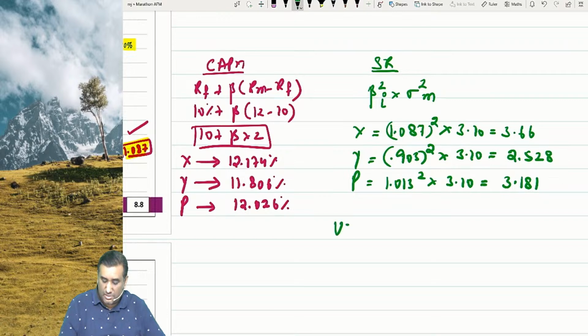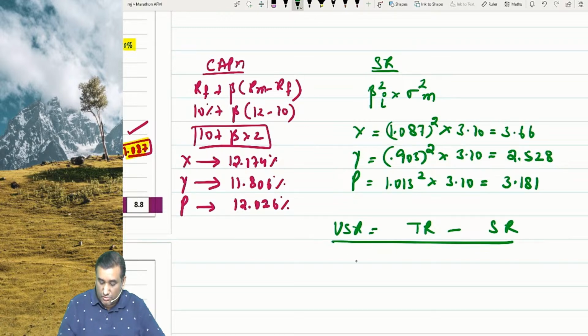Now comes unsystematic risk. Unsystematic risk is the total risk minus systematic risk. For X, total risk of X was 4.8 minus systematic risk.